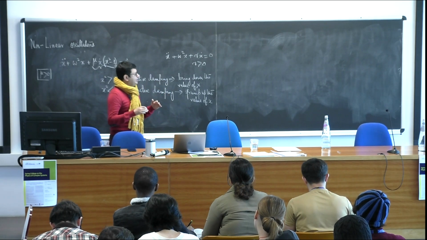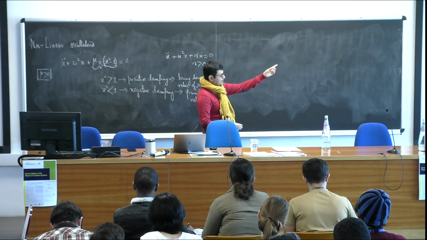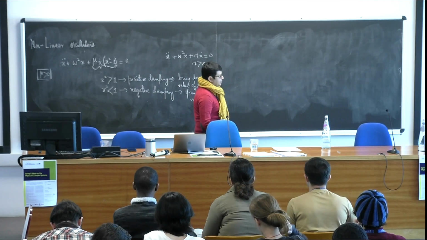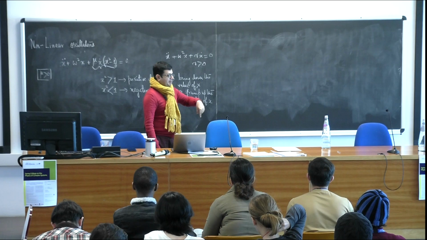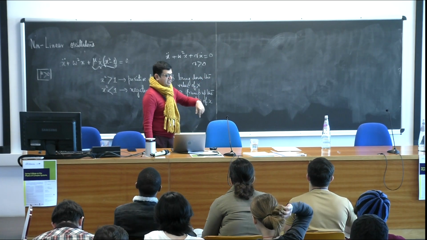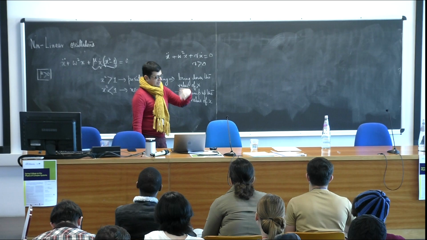We will see that in fact this defines a limit cycle, namely the closed orbit that I showed in the simulation, a trajectory in the phase space that is independent of the initial condition, that has got its own natural frequency and an amplitude.